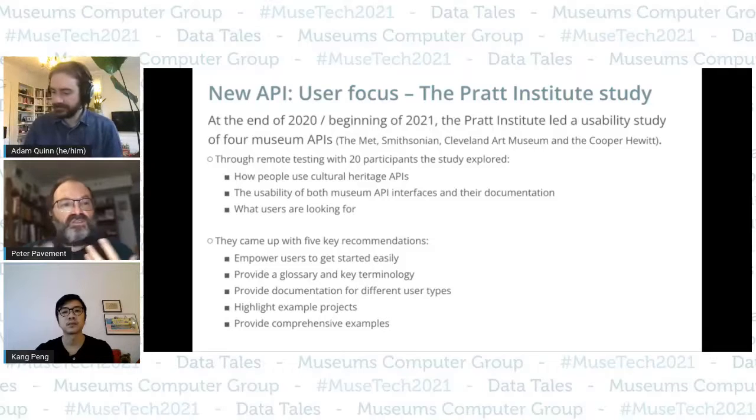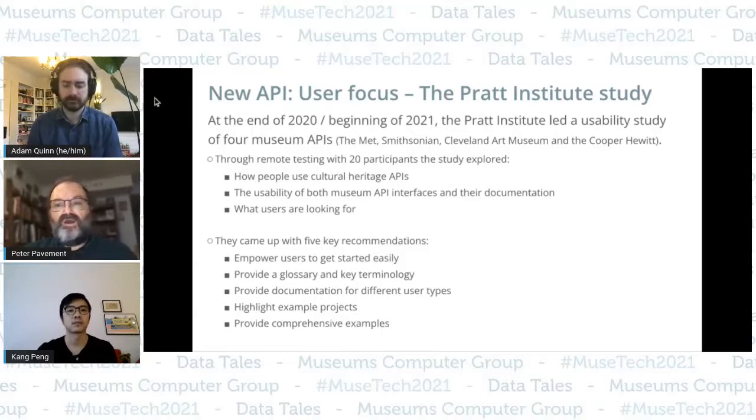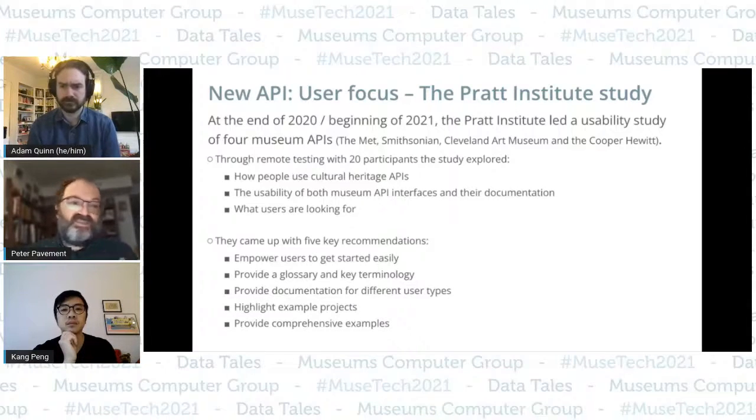And so they did some testing with a panel of different participants, and they asked them how they use cultural heritage APIs, what the usability of those interfaces were, and the documentation for them, and basically what they were looking for from an API. And this is a fascinating kind of sense check for the sector that came up with lots of different insights. And we were able to kind of boil that down to sort of 5 key recommendations.